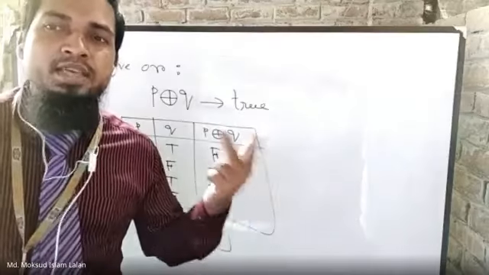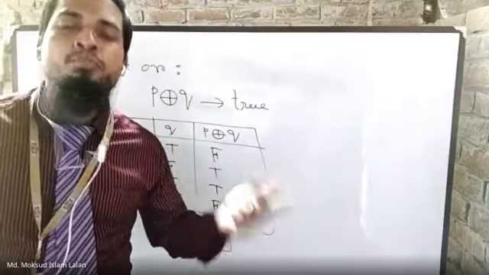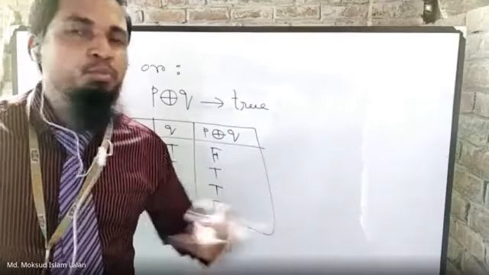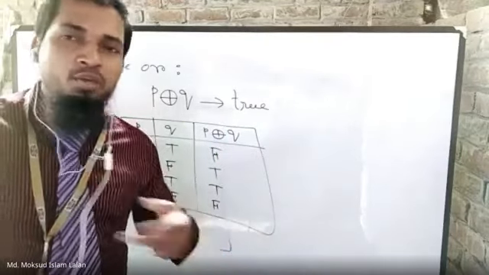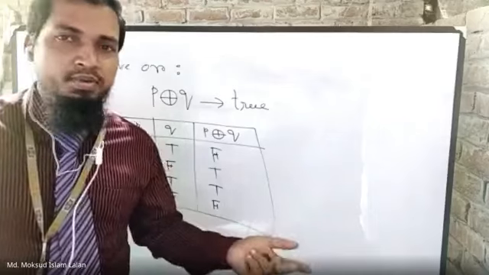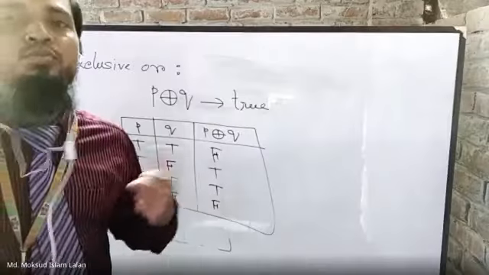If you are telling both are same, maybe both are true, that is same, or maybe both are false, that is same. Here, when exactly one component is true, then it will be true. Otherwise, it will be false, according to exclusive or.